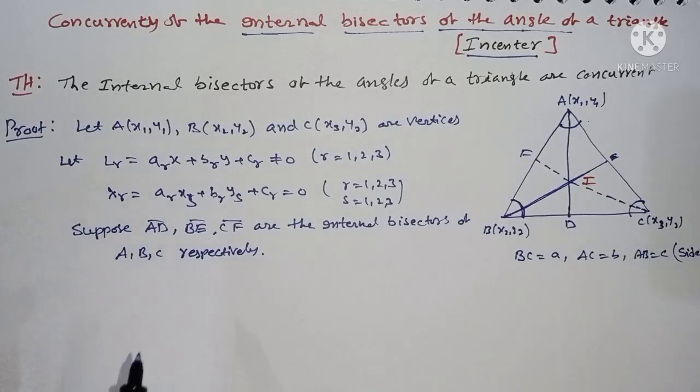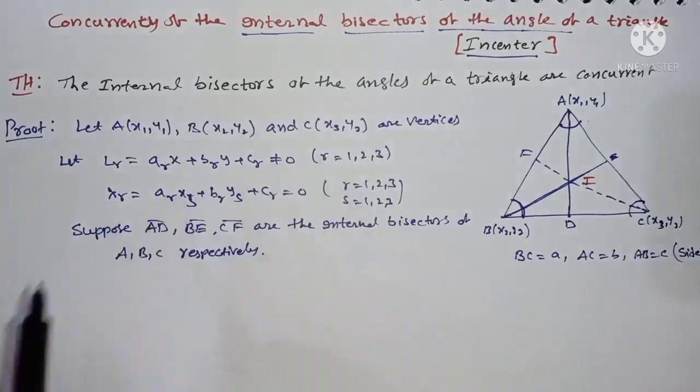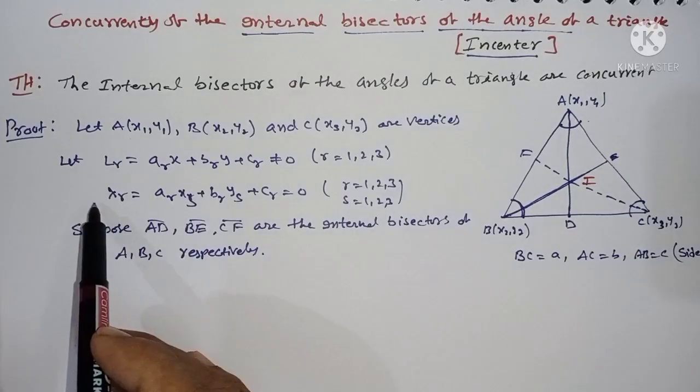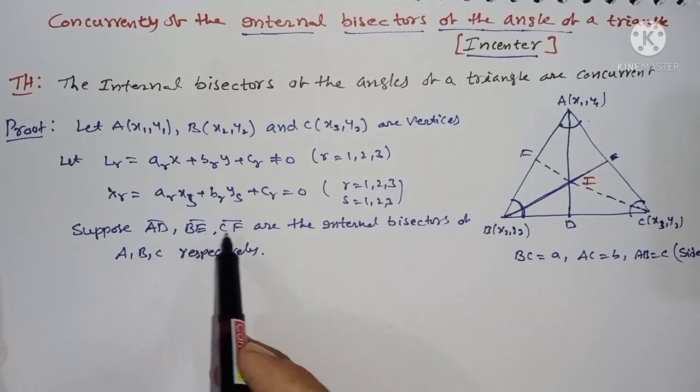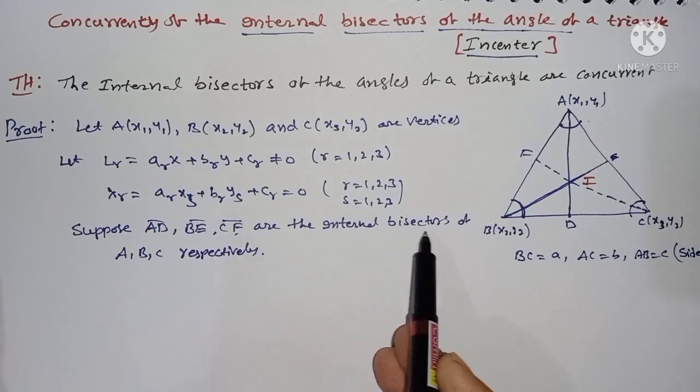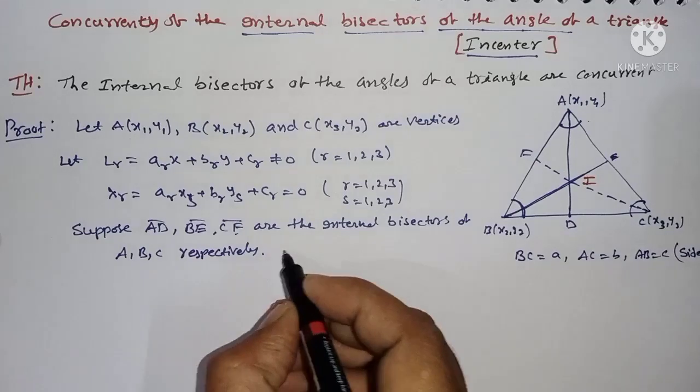Okay, let the vertices A, B, C be (x1, y1), (x2, y2), (x3, y3), and similarly L1, L2, L3 and lambda 1, lambda 2, lambda 3. Suppose AD, BE and CF are the internal bisectors of the angles of ABC respectively. Then what is the point D, and what is the ratio of D? Listen here.